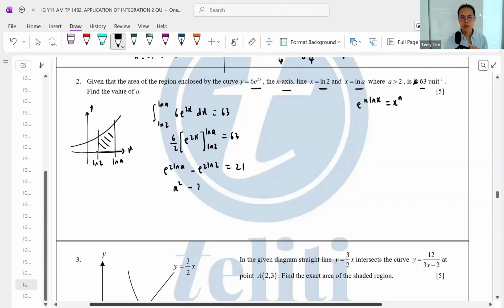The second one will be 2 to the power 2. The result is 21. 2 to the power 2 is 4. Bring over, 4 plus 21 is 25. a should be what? Square root of 25? 5. Now, you don't need to put plus or minus, don't put negative, because the question mentioned a is more than 2, so a is just 5.